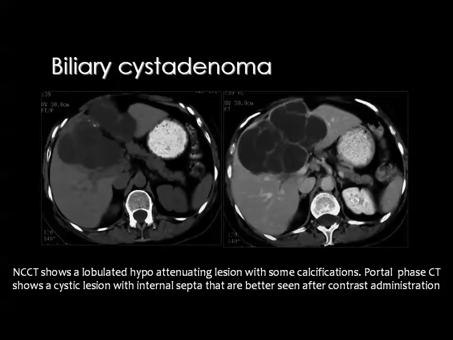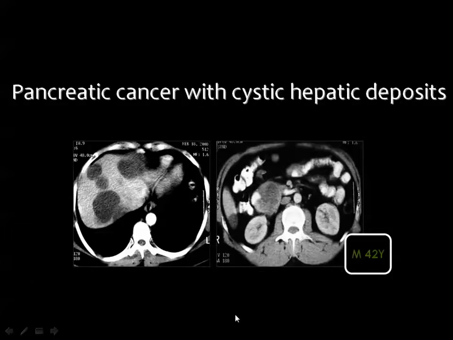In my opinion, if you see thick internal septations or together with papillary projections or mural nodules, these are the supportive or suggestive criteria for you to suspect the possibility of biliary cystadenocarcinoma rather than cystadenoma.